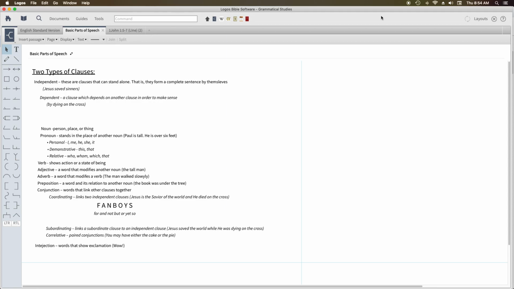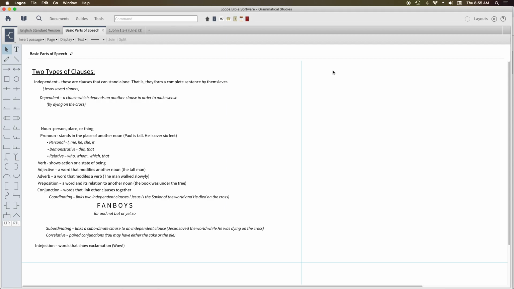And so I posted kind of a poll, I guess you could say, in the Logos tips and tricks page, and asked people if they would rather see me diagram our passage in Logos or on letsdiagram.com. Now, letsdiagram.com is a web app that actually lets you do traditional Reed Kellogg diagrams like we're going to be doing.